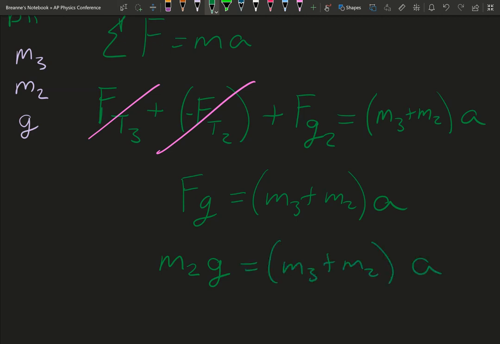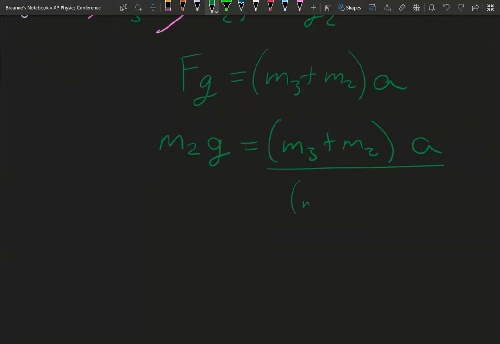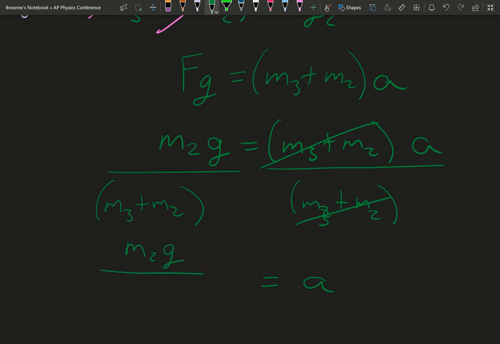We're trying to solve for our acceleration, so let's divide. The m3 plus m2 cancels, so our acceleration is going to be m2g divided by m3 plus m2.